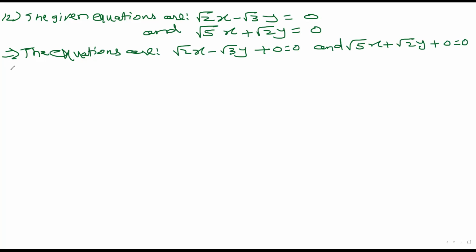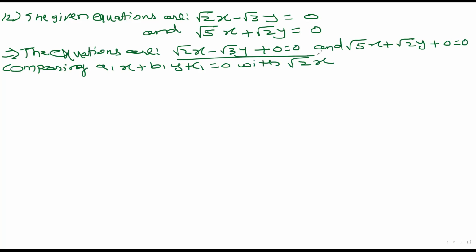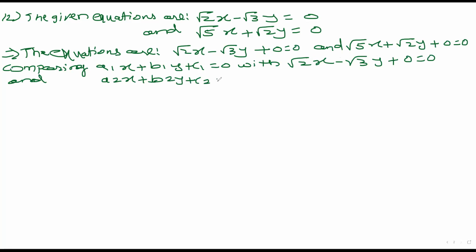Now comparing with the standard form: comparing a1x plus b1y plus c1 equal to 0 with root 2x minus root 3y plus 0 equal to 0, the first equation, and a2x plus b2y plus c2 equal to 0 with root 5x plus root 2y plus 0 equal to 0.